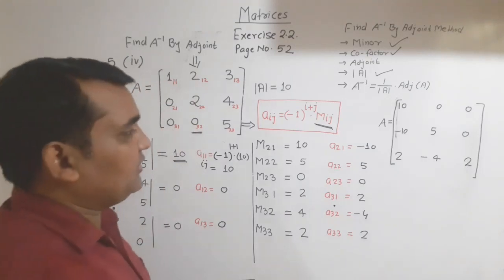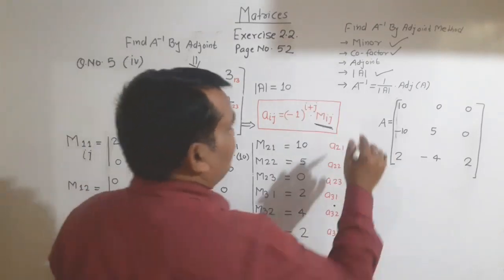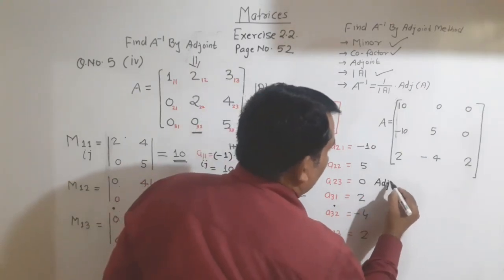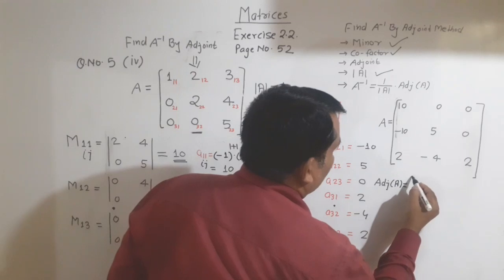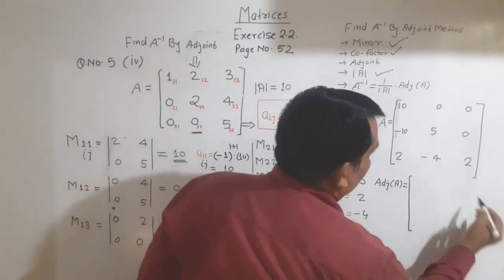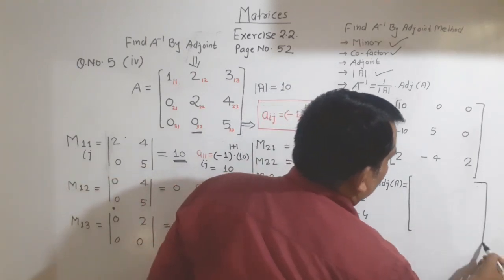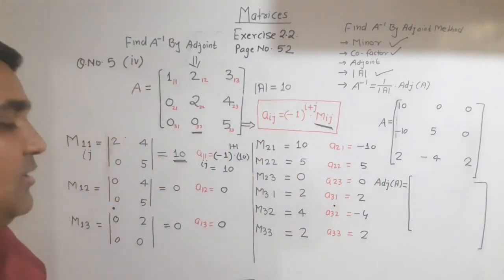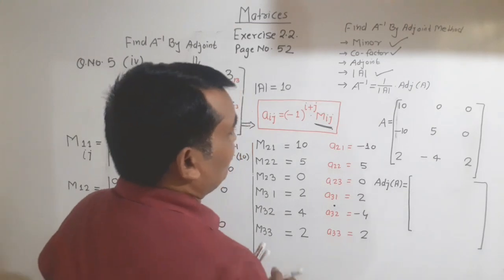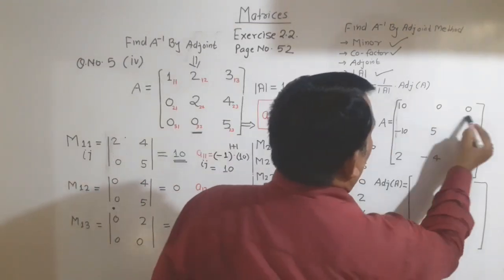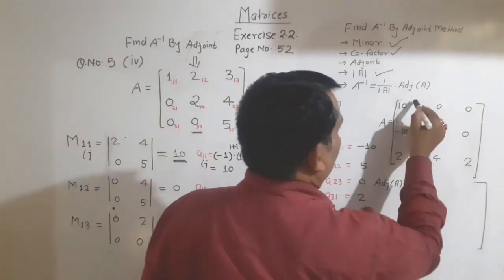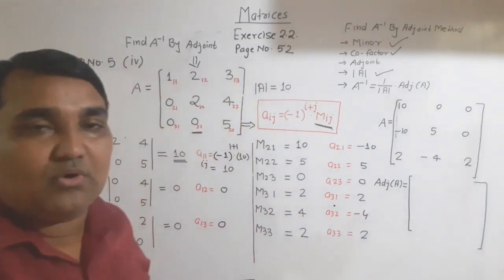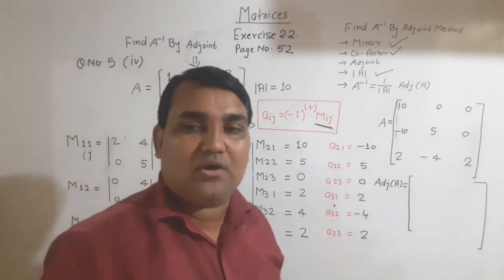Now remember one thing, we have to find out the adjoint of A. We have to find out the transpose of this matrix. My dear, try to understand what you mean by the transpose of the matrix. You have to convert row 1, row 2, row 3 and column 1, column 2, column 3: convert row to column or column to row.